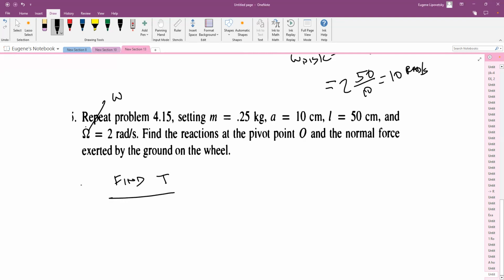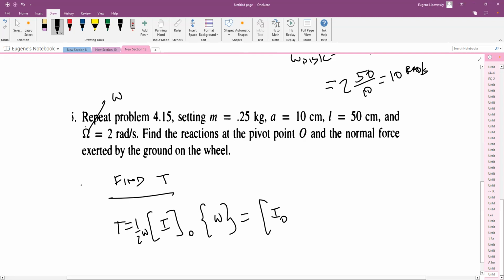All right. And the kinetic energy will be T equals 1/2 of omega times the I about O times the resultant omega.